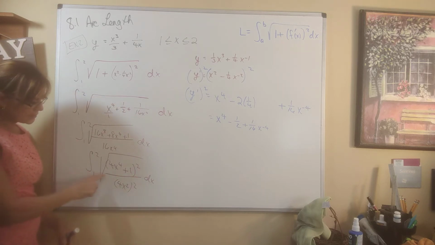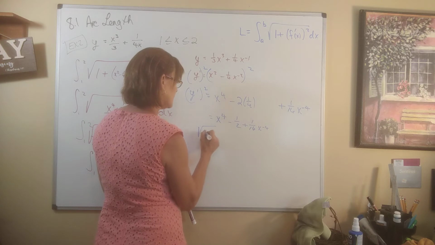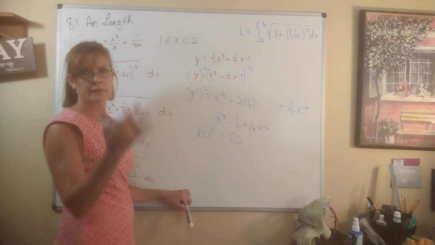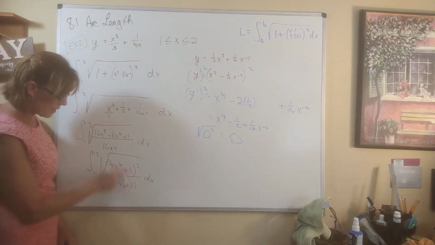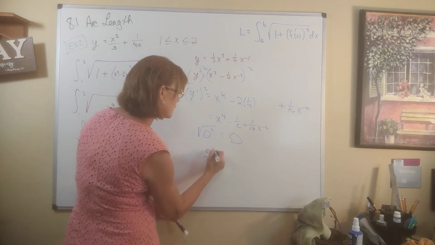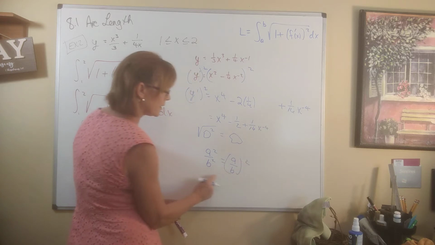All right, so let's just look here. The square root of something squared is just the something, whatever that happens to be. And here's something else: a squared over b squared is the same thing as a over b, squared. We got to remember this rule.